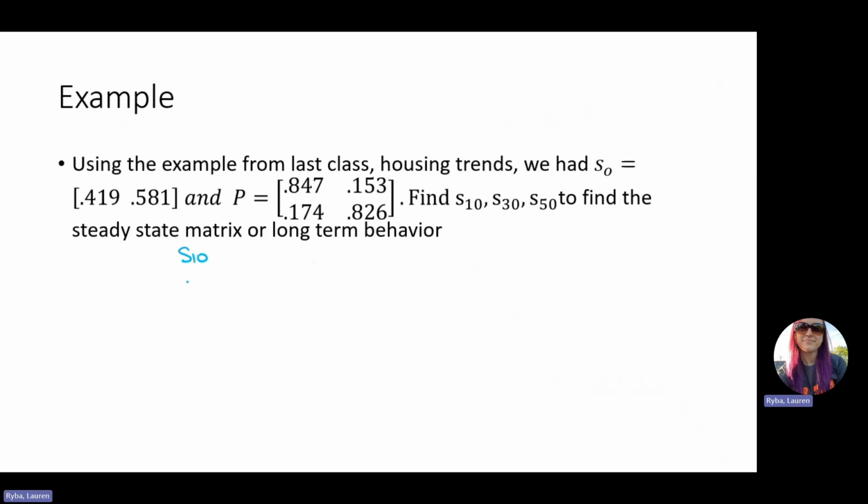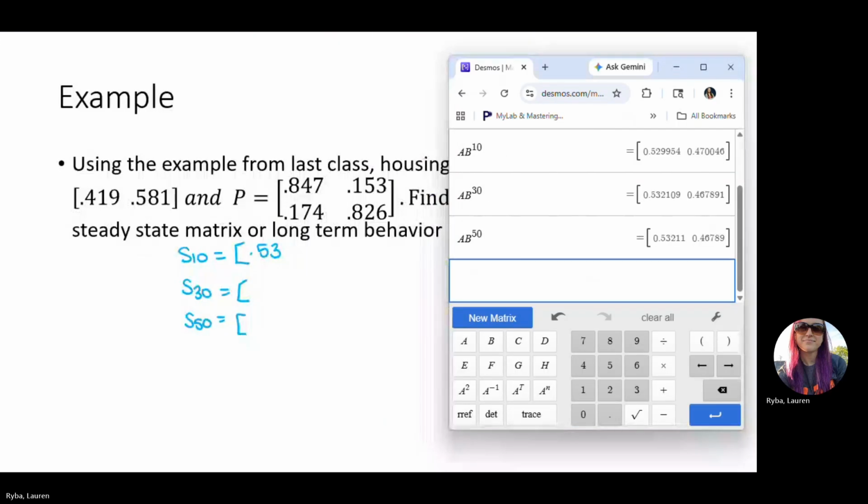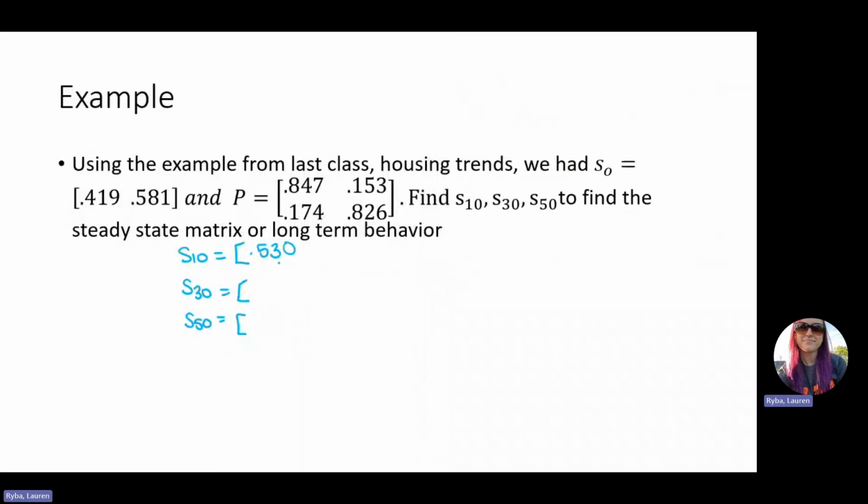So I'll write these on here. I'm just going to round to 3 decimal places. 0.530, 0.532, 0.532.